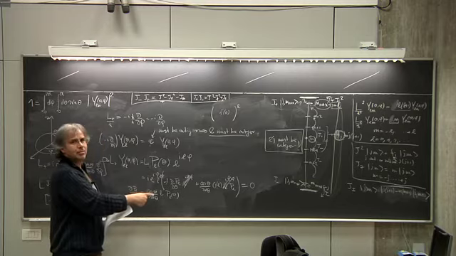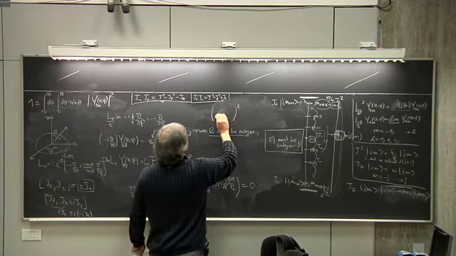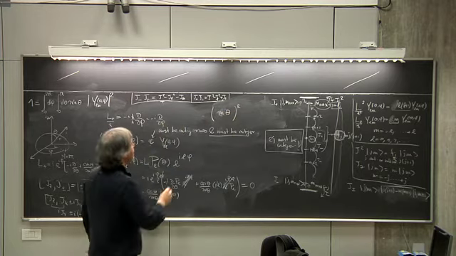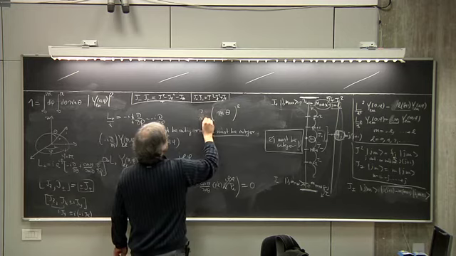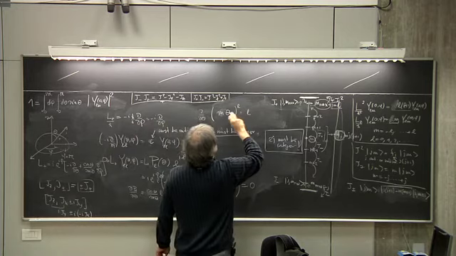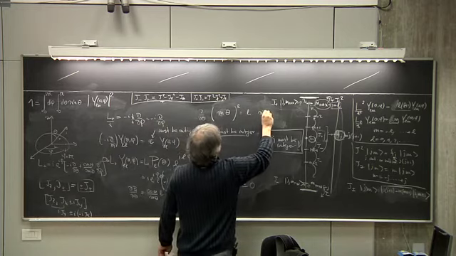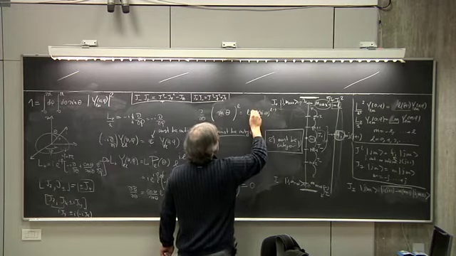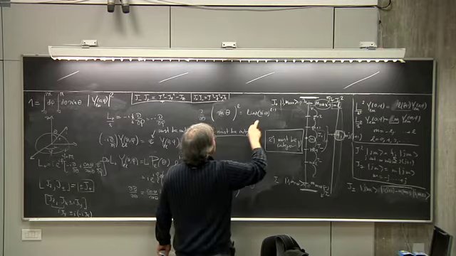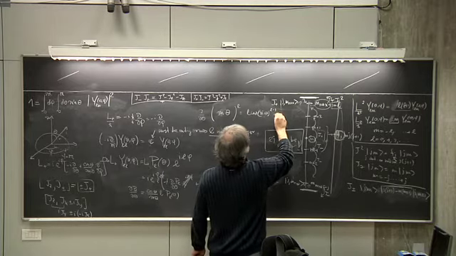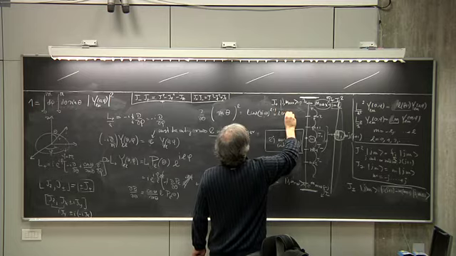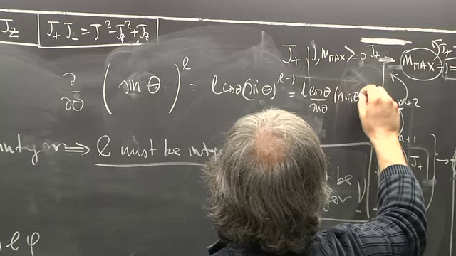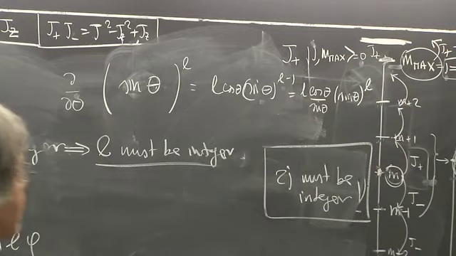Let us see. Suppose that I have a sine to the power L. When I take the derivative, I get L, the sine to the power L minus 1, times the cosine. But the sine to the power L minus 1 is equal to L, the cosine, divided by the sine to the power L again. Okay?